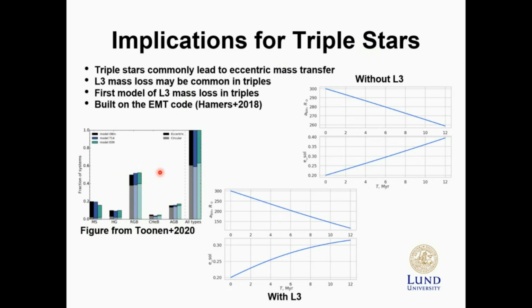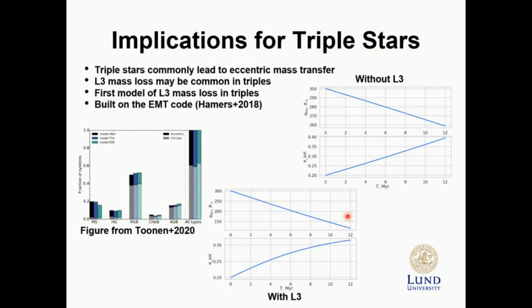And basically speaking, the eccentricity of the binaries makes the L3 mass loss active again, because one of the stars manages to dig deeply into the other star, and L3 mass loss in eccentric binaries is actually quite important. If a triple companion has induced mass transfer in the inner binary and that mass transfer was eccentric, then those binaries induce L3 mass loss, and as a result they end up at periods which are much shorter than they would otherwise have.